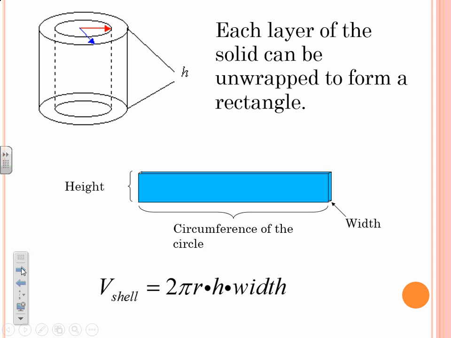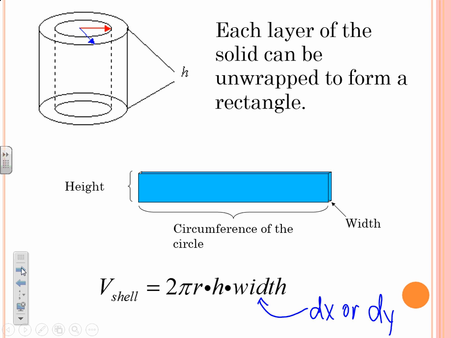Now, width, you told me was going to be what? dx or dy. So what we have to do is figure out what is the radius and what is the height. Radius will be the distance from our axis to the outside of a rectangle.